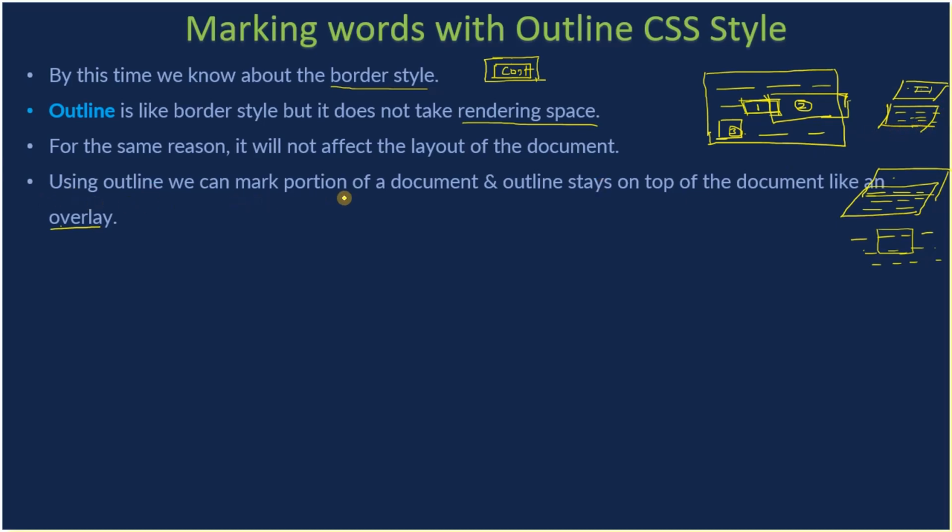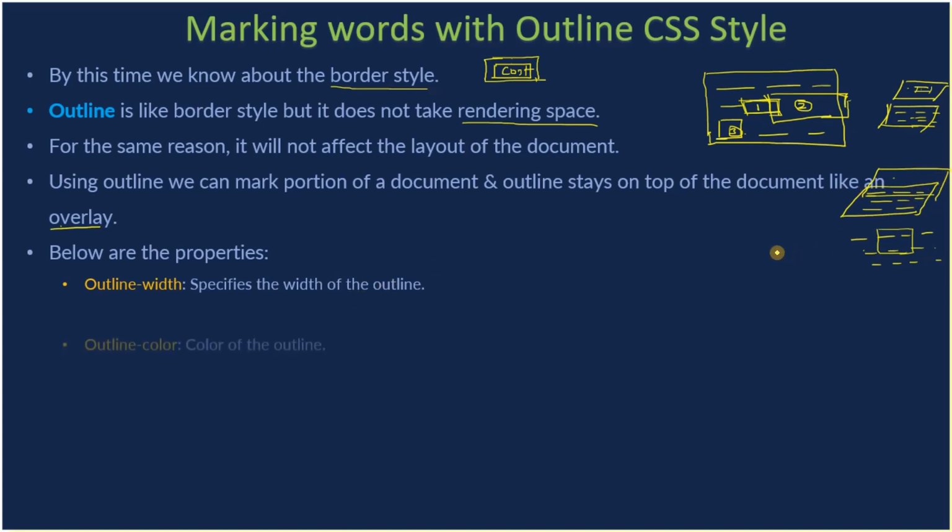Using outline, we can mark a portion of the document, and outline stays on top of the document like an overlay. So below are the properties for outline. Outline width, just like border width, you can specify width for your outline also, but this outline will appear on a separate layer like an overlay.